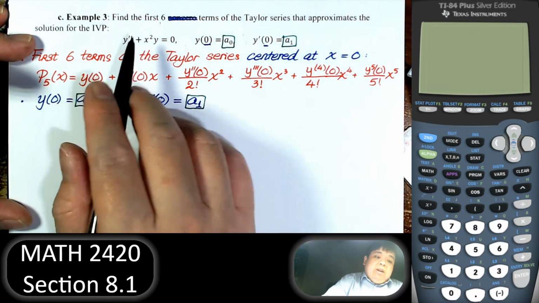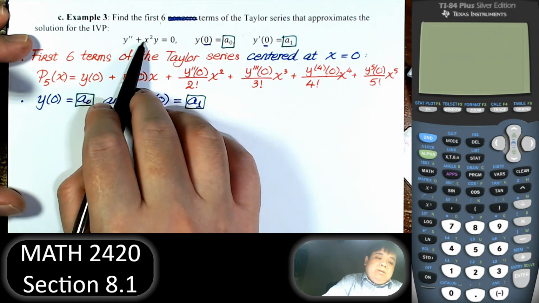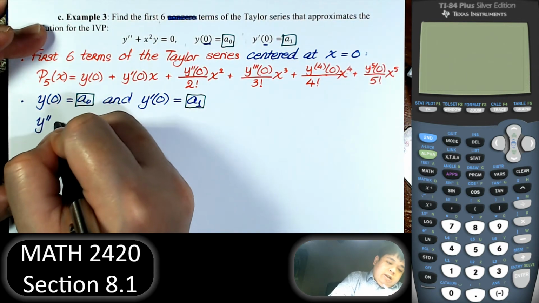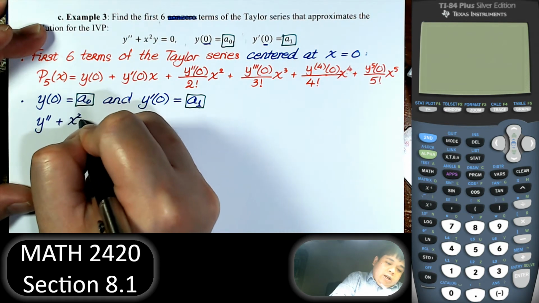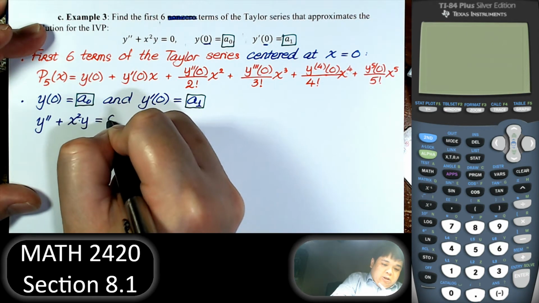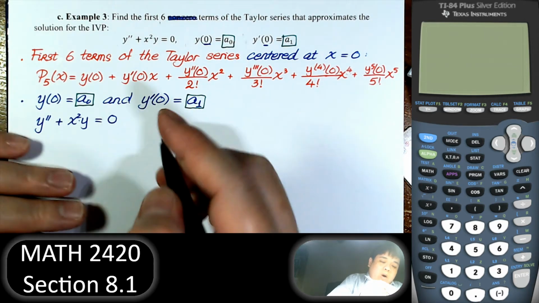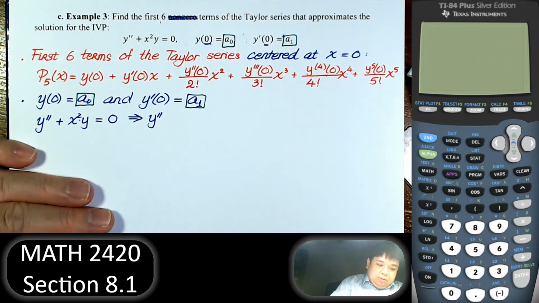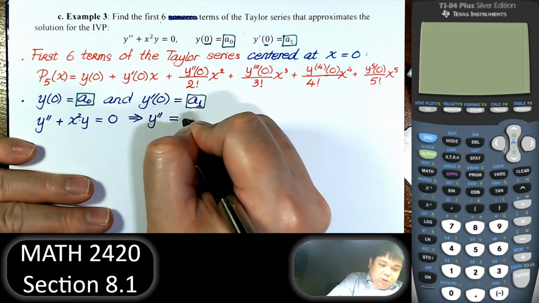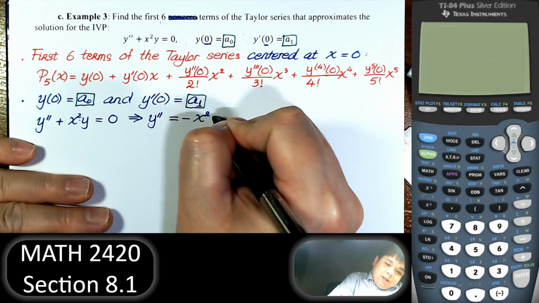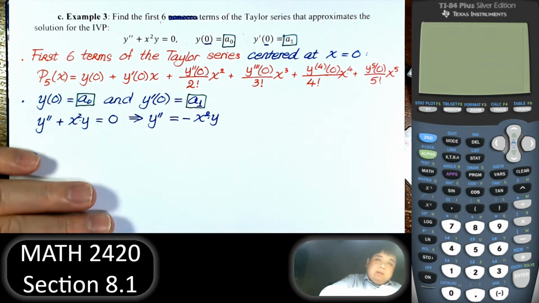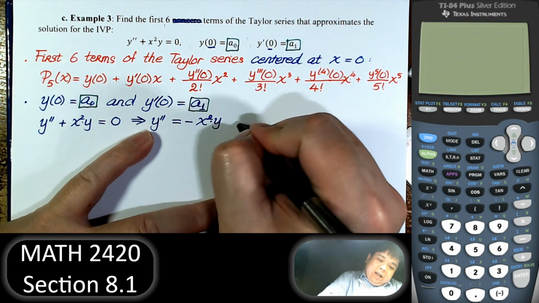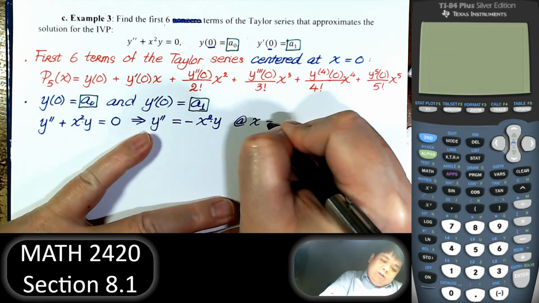And then the second derivative and so on. Starting from the second derivative, we have y double prime plus x squared times y equal to 0. So move the x squared y to the other side. We have y double prime is equal to negative x squared times y. That's easy enough.